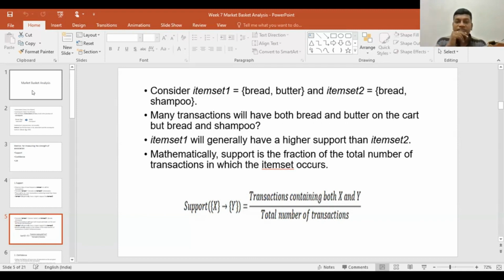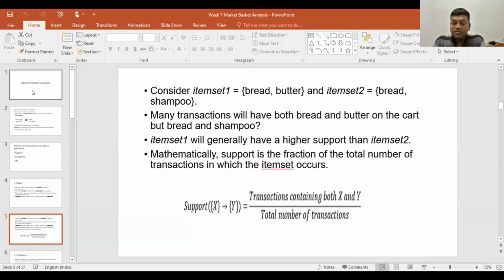That is pretty intuitive. And mathematically, support is the fraction of the total number of transactions in which the item set occurs. Basically, it is the number of times both the items under consideration are purchased divided by the total number of transactions.